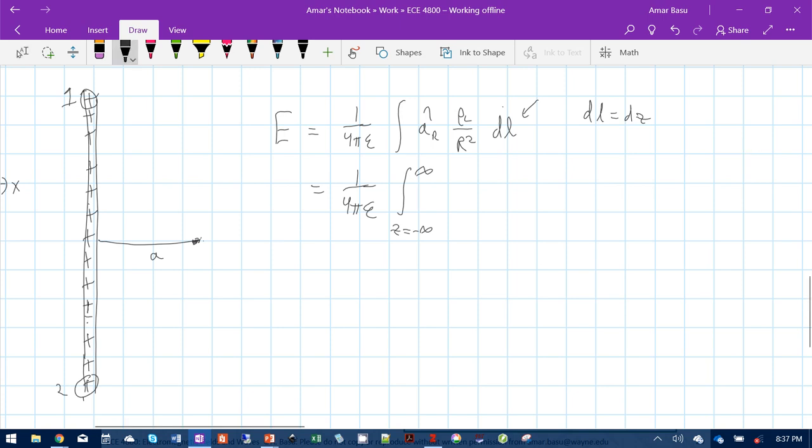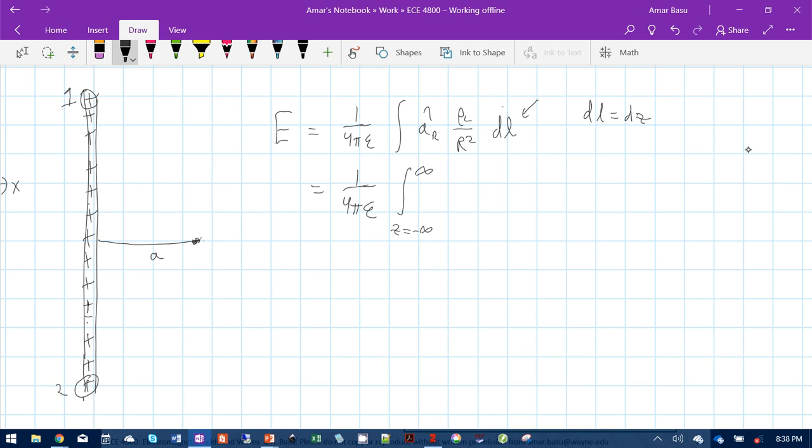Now, next step. What is AR hat? Now, this is where the vector stuff starts to come into play. Not quite.